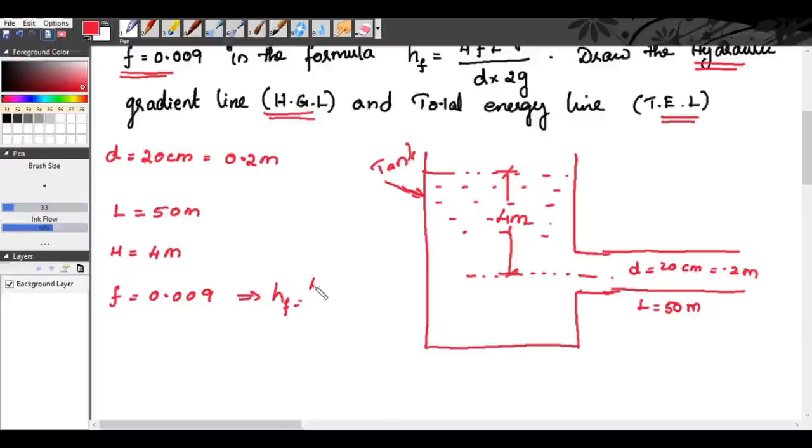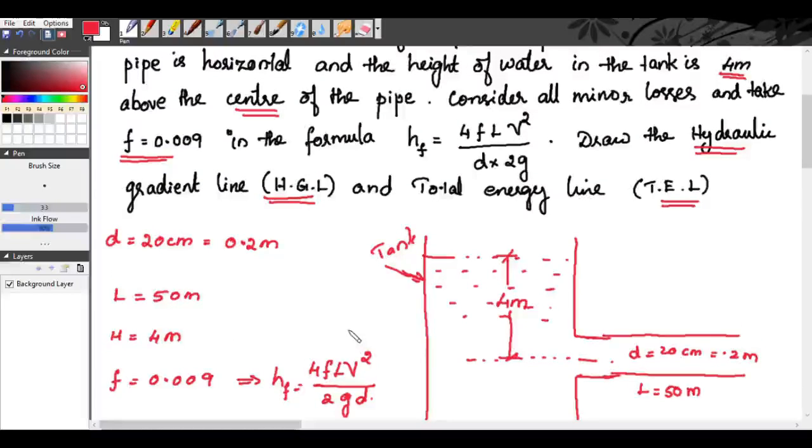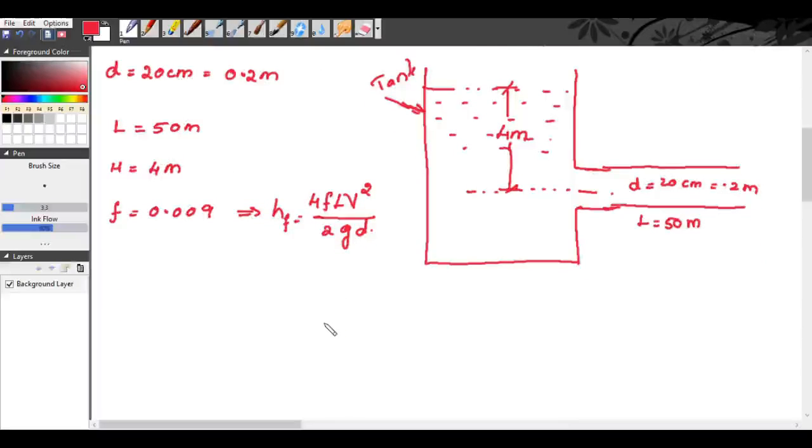HF is equal to 4FL V square by 2GD. So these are the things that are given, right? First of all, our aim is to find the discharge.